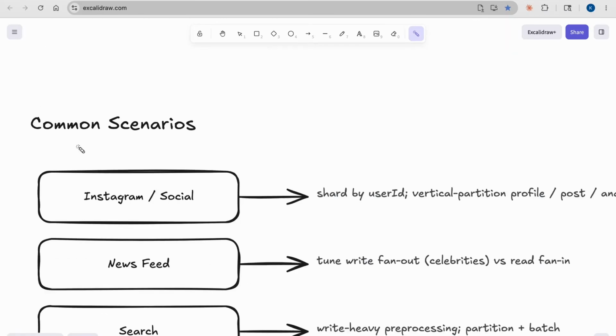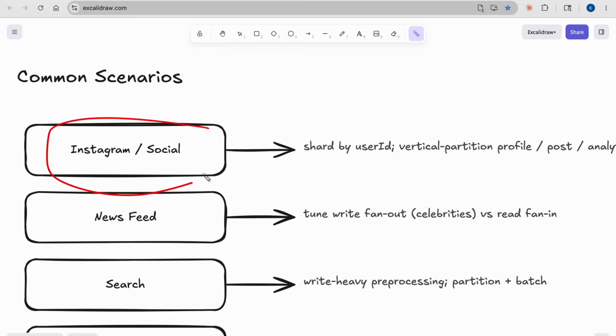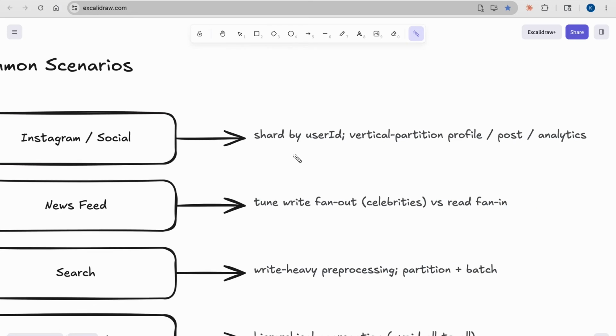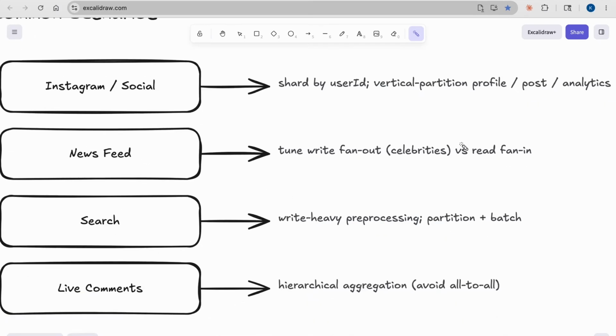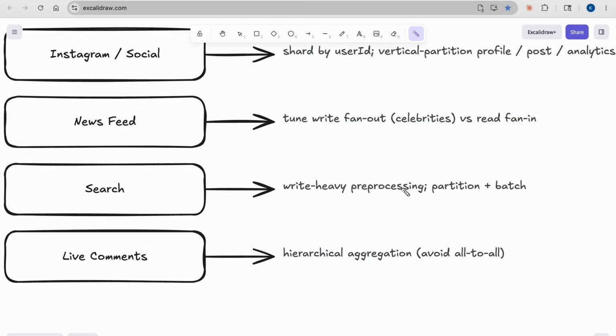Common scenarios look something like this. Most social media platforms like Instagram use sharding techniques, like sharding by user ID and vertical partitioning into profile, post, analytics, and news feed. They adopt fan-out and fan-in approaches mostly for popular accounts.